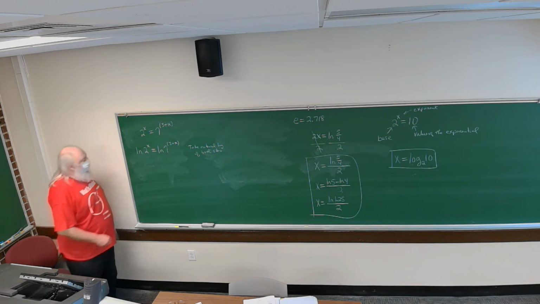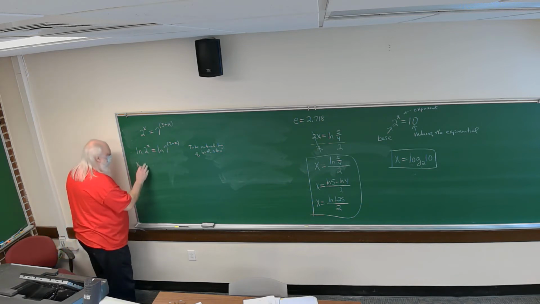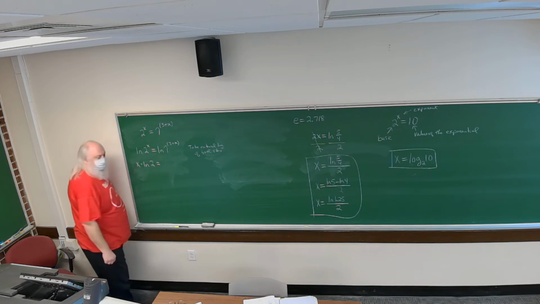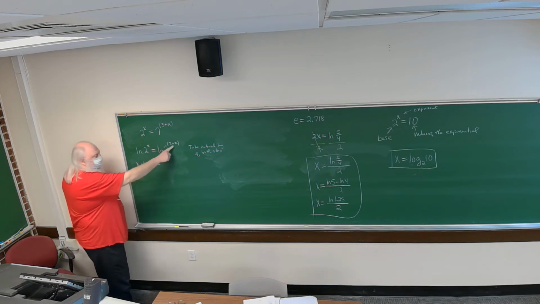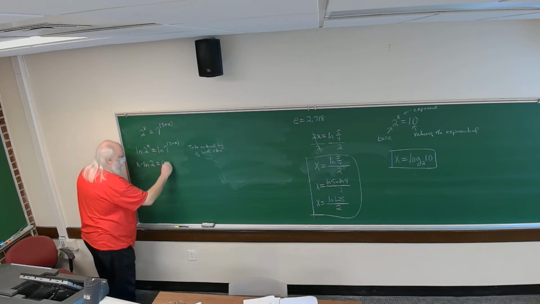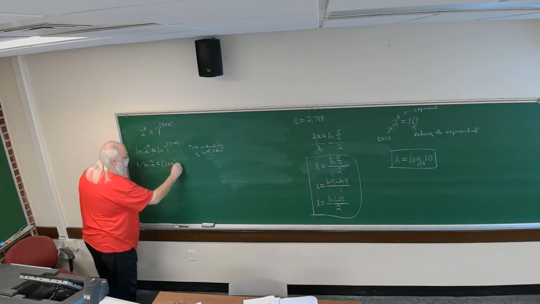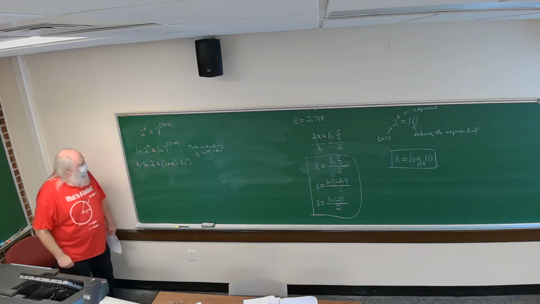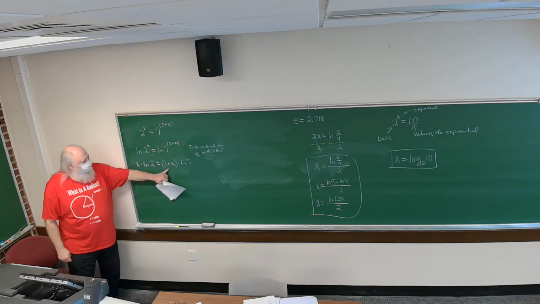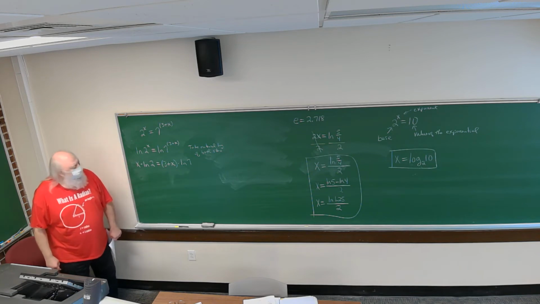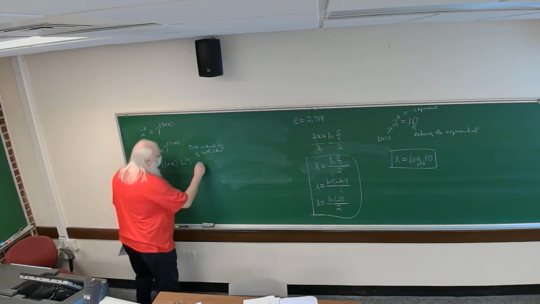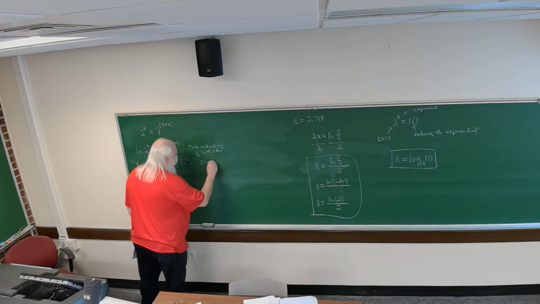And so I have x times the natural log of 2. And I can do the same thing on the right. This exponent on 7, 3 plus x, I can bring it down in front of the natural log function. So I have x times the natural log of 2 is equal to 3 plus x times the natural log of 7. So here I applied the power rule.